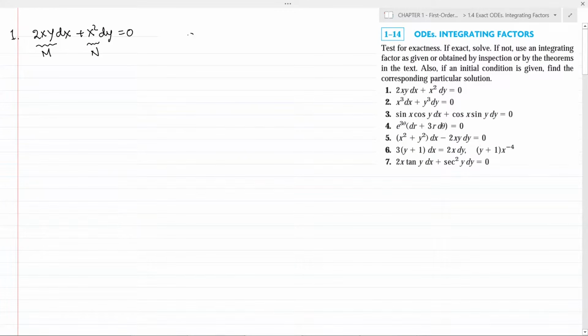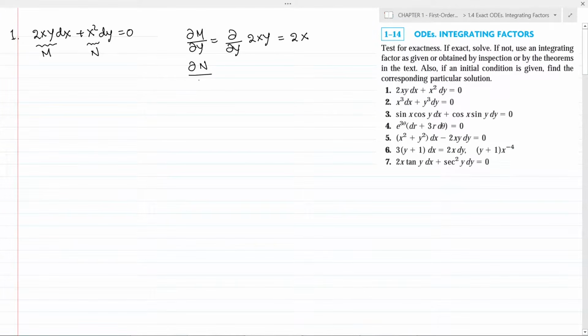So, if we find del M by del y, that will be equal to del by del y of 2xy. Now, for this partial derivative, we have to take x as constant. So, this becomes 2x multiplied by del y, which is 1.